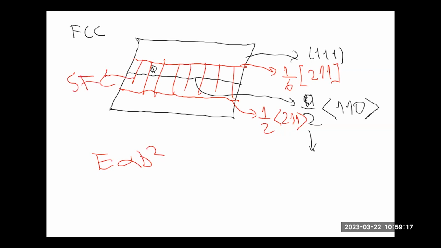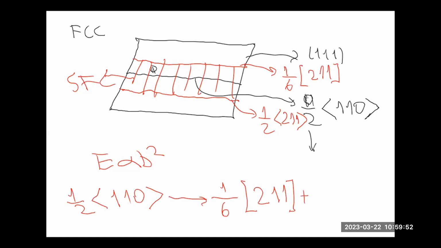So the total reaction is something like this. 1 over 2 <110>, our first dislocation, dissociates into two parts. One is 1 over 6 [211], plus again 1 over 6 [12-1].